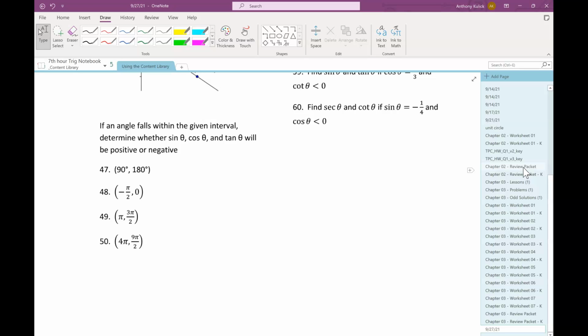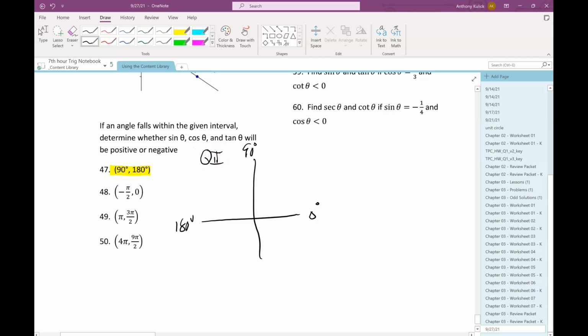For 47 through 50, it's saying this is my range of values for theta. So theta could be 90 or 91 or 95.67 or 119.58 or whatever, but somewhere between 90 and 180. If I think about my picture, between 90 and 180 is quadrant 2, right?